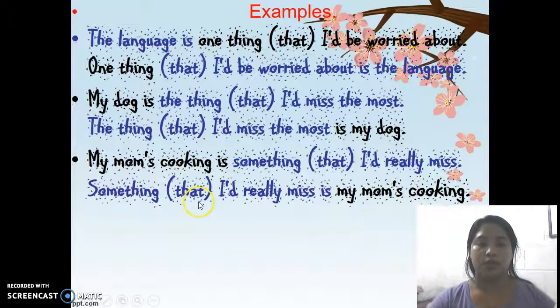So as you can see, the noun phrase as an object comes at the end of the sentence, and as a subject the noun phrase is at the beginning.